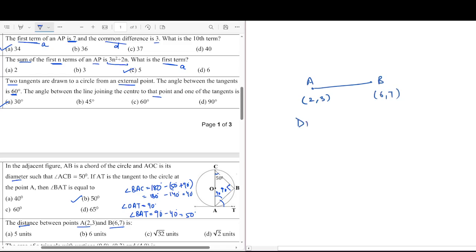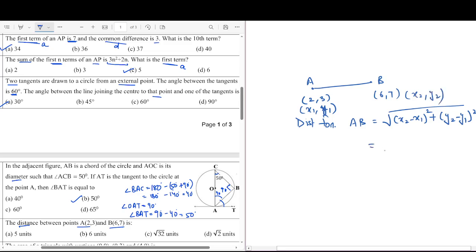So we have to use the distance formula, right? Our distance formula says AB equals the square root of (x2 minus x1) whole square plus (y2 minus y1) whole square. Here we can consider these as x1, y1, and these as x2, y2.